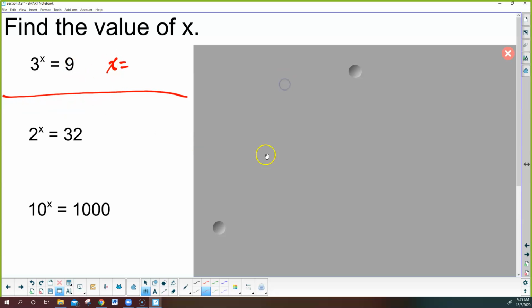What's the answer to x right here? Yep. The answer is 2, right?